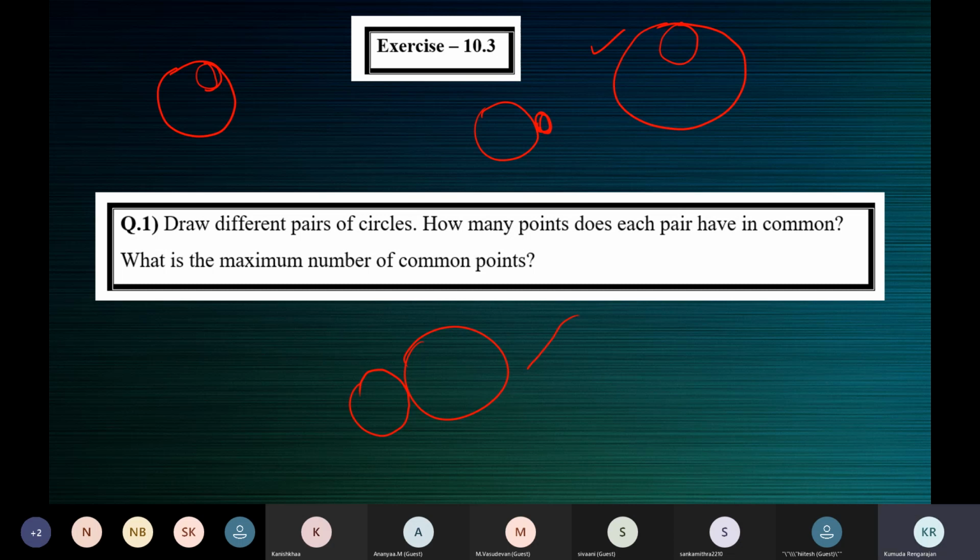Touching circles can touch each other internally or externally. So like this, you can draw pairs of circles which have exactly one point in common. Touching circles, they are not intersecting circles, children. These are not intersecting. These are touching circles.